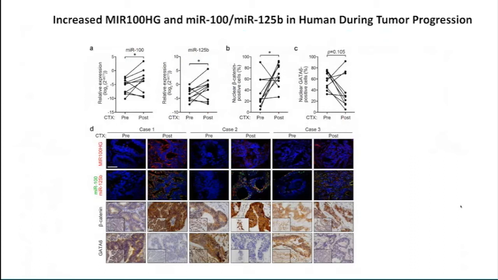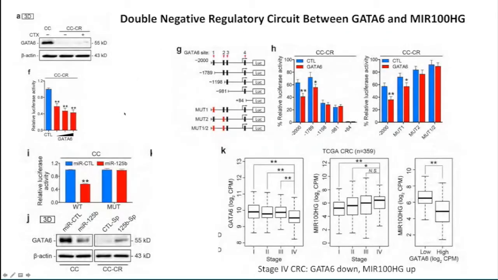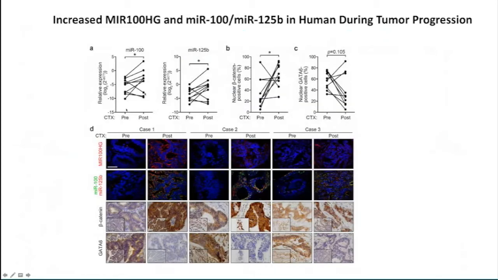Okay, and then to show that this would have meaning, several patient tumor specimens were obtained, and then they were looked at prior to the start of cetuximab and then at the time of tumor progression. What you can see here from pre and post is generally an increase in miR-100, not in all cases, but in most cases, and generally an increase in miR-125.